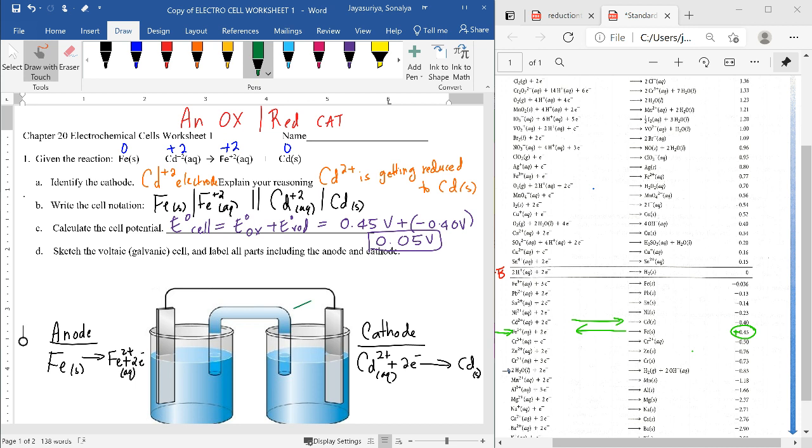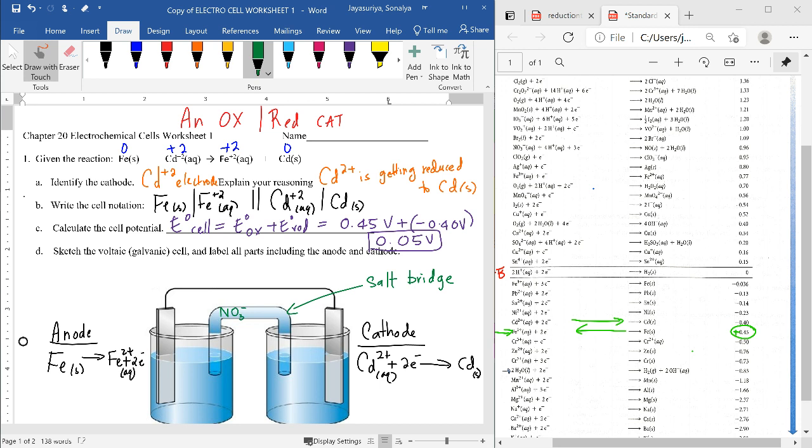You can basically just say inside your salt bridge is some kind of ionic compound that is completely soluble, and that'll be like potassium nitrate or something. And on the side where iron is getting added to the solution, you are going to want to have, sorry, not potassium, nitrate over here.